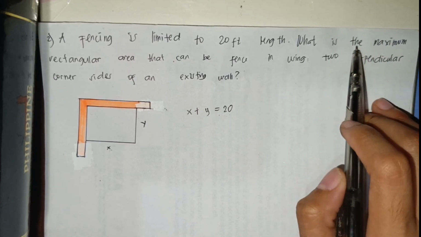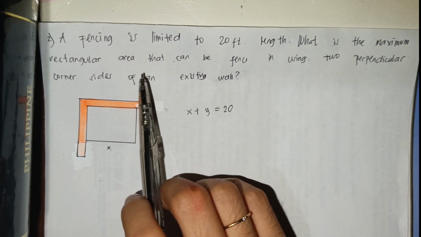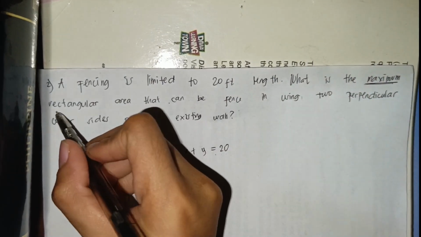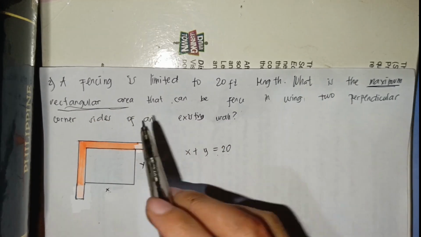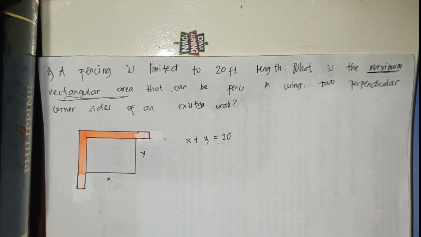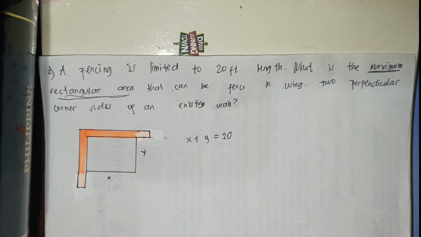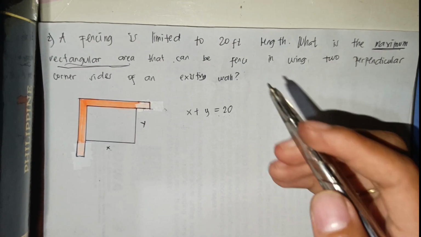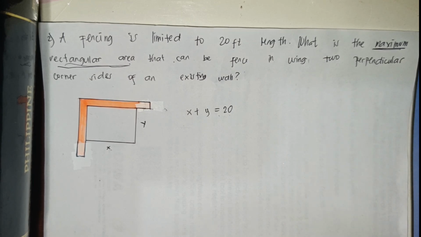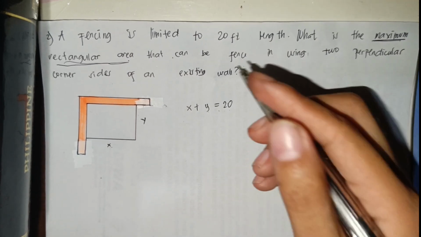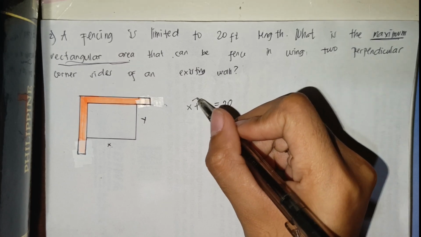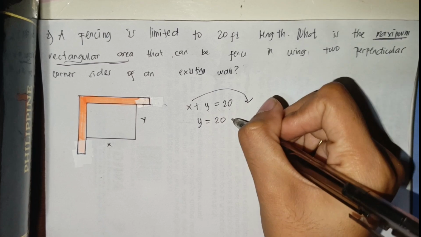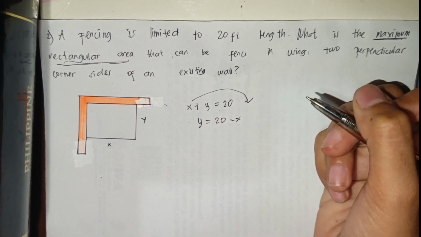Next is, what is the maximum rectangular area? So, ang area mao ni ang atong i-maximize. But first, atong i-simplify para later on, sa pag-solve nato sa area, usa na lang ang variable. So, let's transpose x diri, y is equal to 20 minus x.